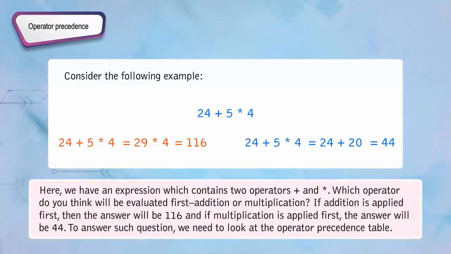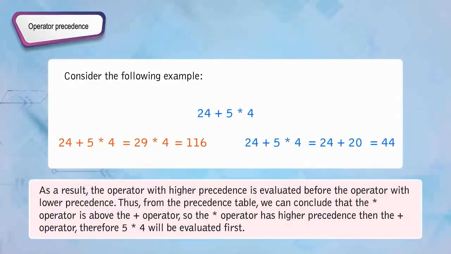To answer such a question, we need to look at the operator precedence table. The operator with higher precedence is evaluated before the operator with lower precedence. Thus, from the precedence table, we can conclude that the multiplication operator is above the plus operator, so the multiplication operator has higher precedence than the addition operator.